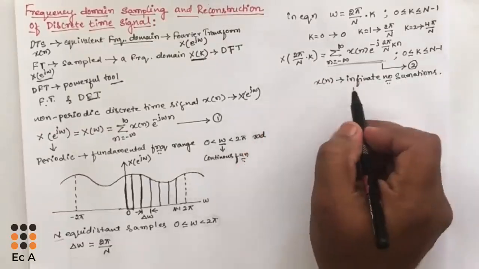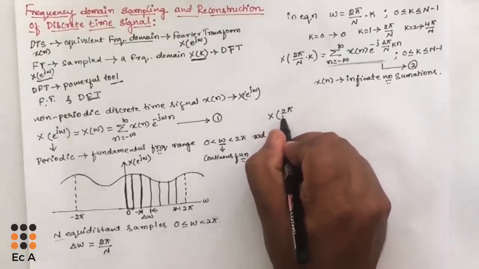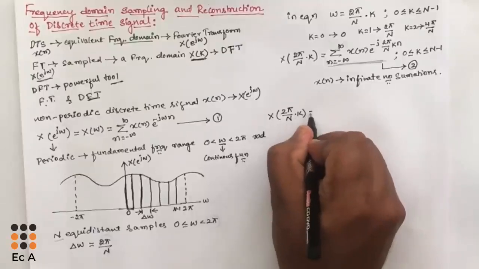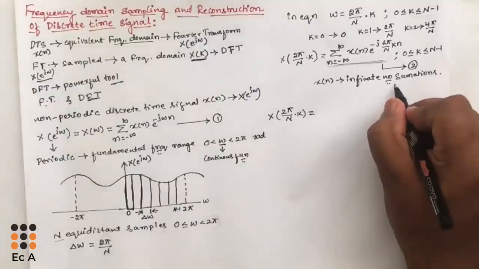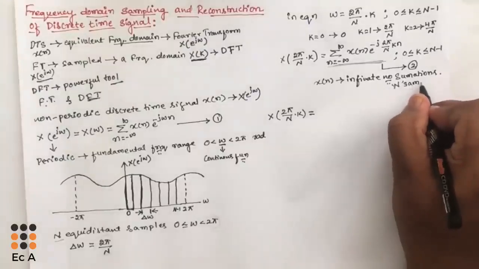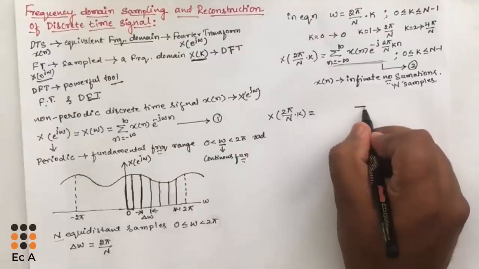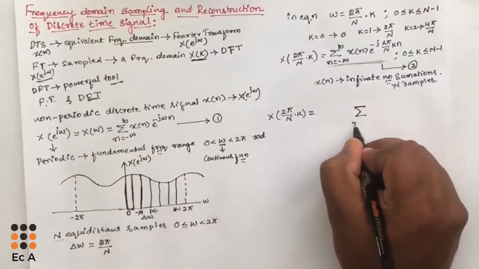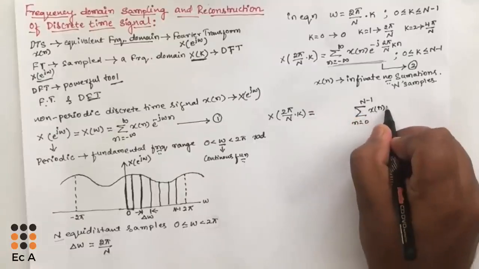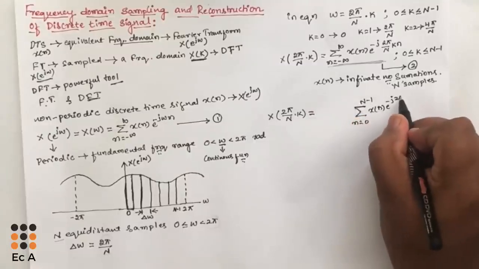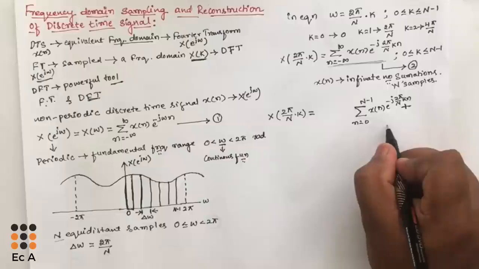So we can expand the above equation and write X of 2 pi by N into k is equal to, we know x of n is having infinite number of summations with N samples. For N samples we can write from 0 to N minus 1. So we can write summation of n is equal to 0 to N minus 1 x of n e to the power of minus j 2 pi by N kn plus, we can write the next summation.